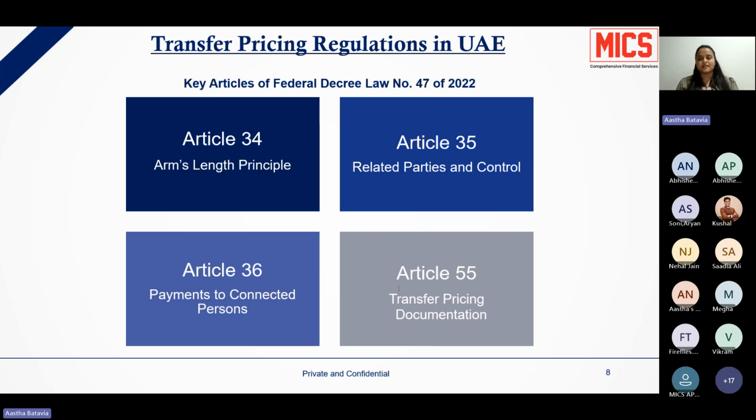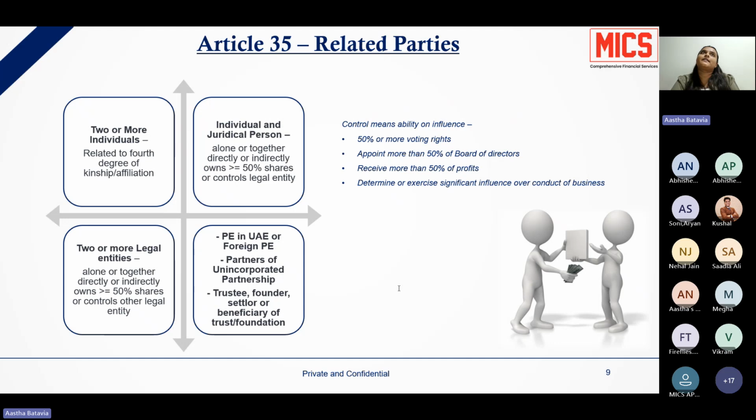It talks about the requirements to maintain documentation: what documentation you are required to have to justify your transactions with your related party. So yes, just 4 articles, but together they act like a security system for the UAE tax framework. Miss one, and the whole vault is exposed. Follow them, and you are fully protected. Let's move further and understand what related parties are.